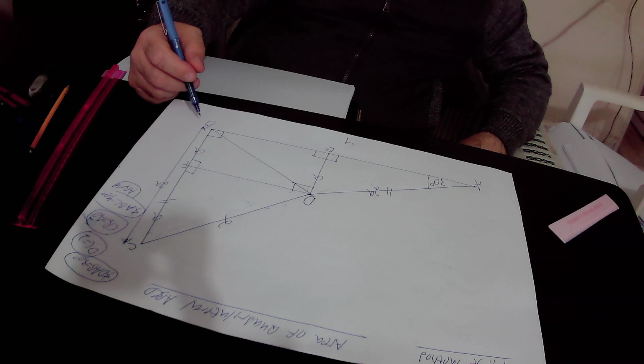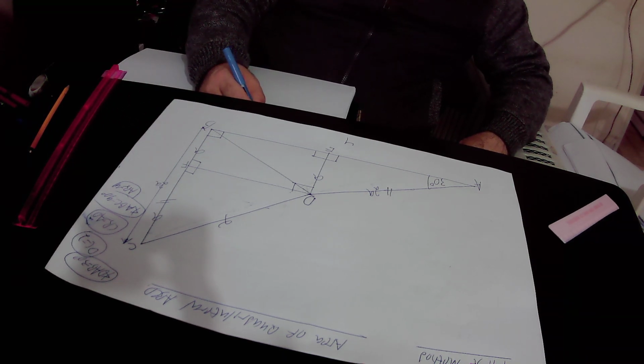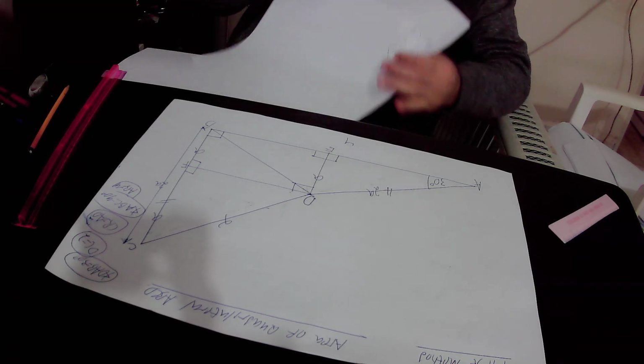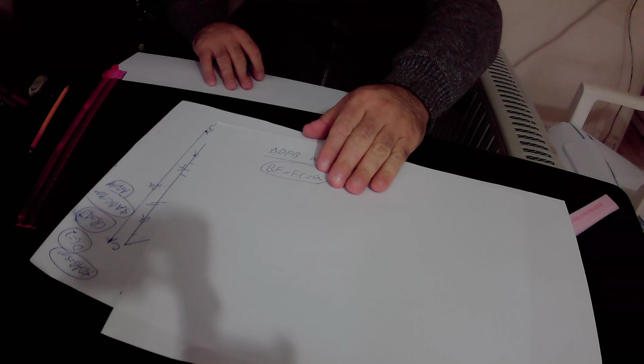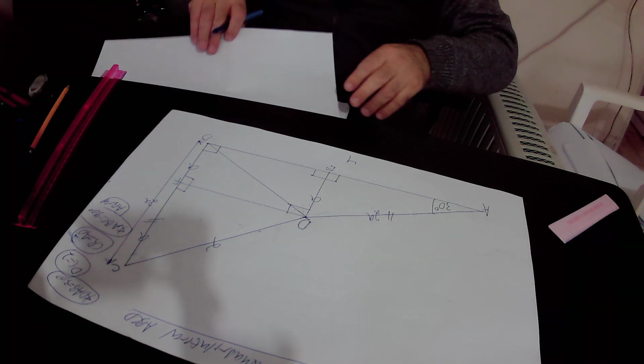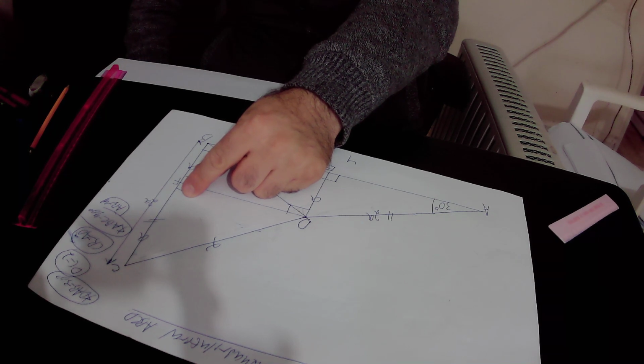First of all, we know that BF equals FC equals A. We also know that those two angles are equal to each other, they are both equal to 90 degrees.